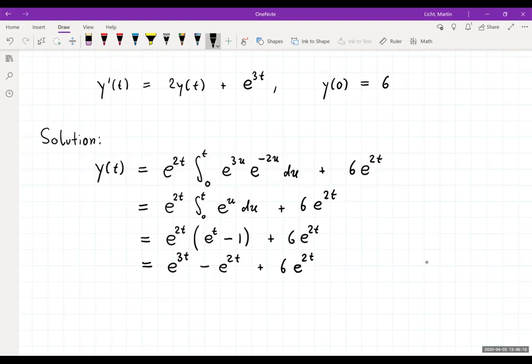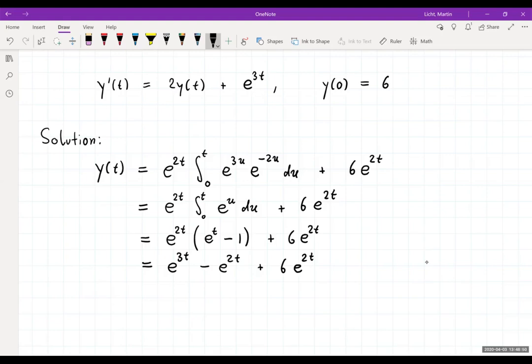Now, fortunately, the integral here can be computed exactly without much effort. Namely, I simplify this to exponential of 2 times t times the integral from 0 to t of exponential u du, plus again 6 times exponential of 2 times t. And as I compute the integral, I get the following, namely exponential of 2 times t multiplied with exponential of t minus 1, plus 6 times exponential of 2 times t.